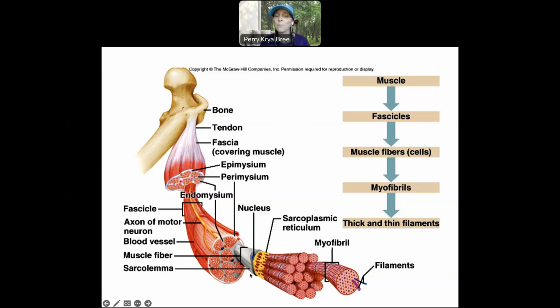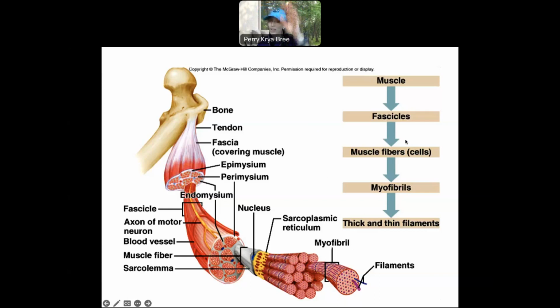Now, when we bundle these muscle cells together, to connect this muscle cell right here to this muscle cell, there's some connective tissue in between. And that connective tissue that surrounds each of these muscle cells is called the endomysium.